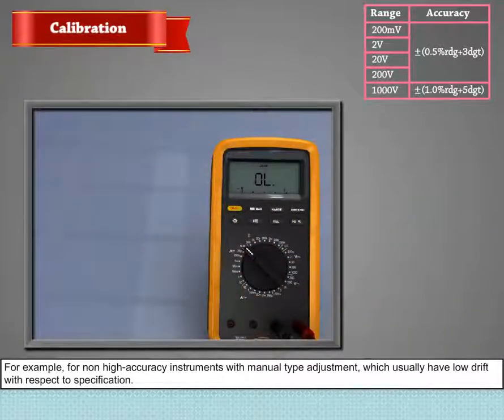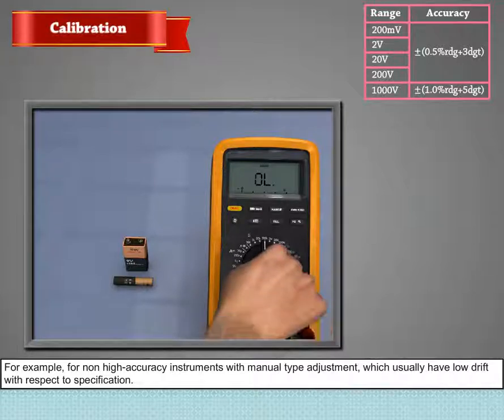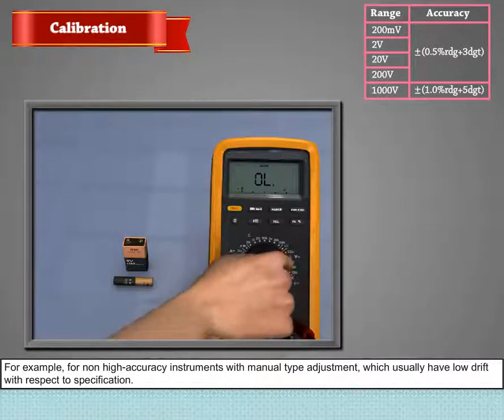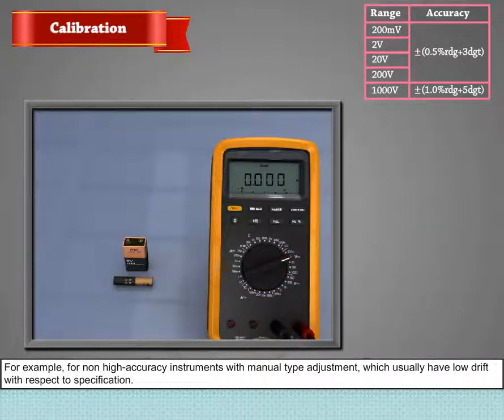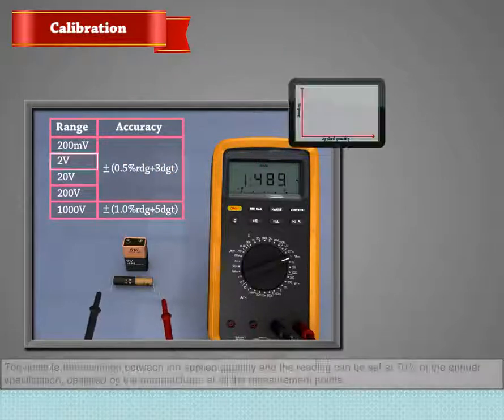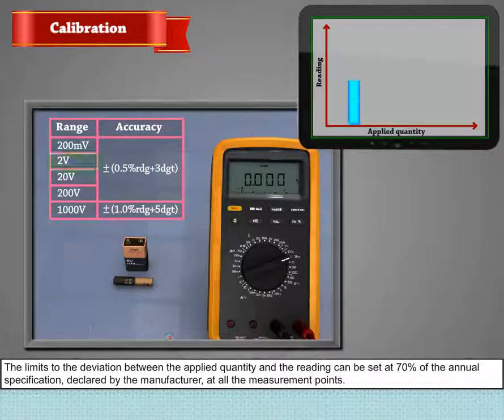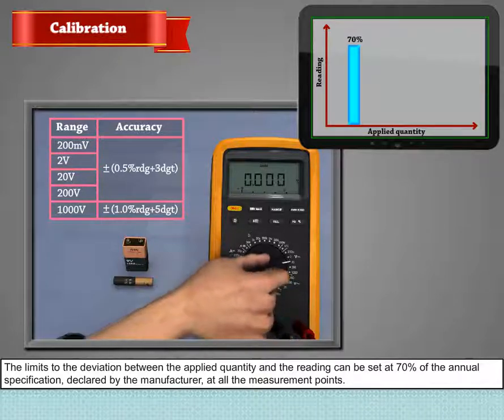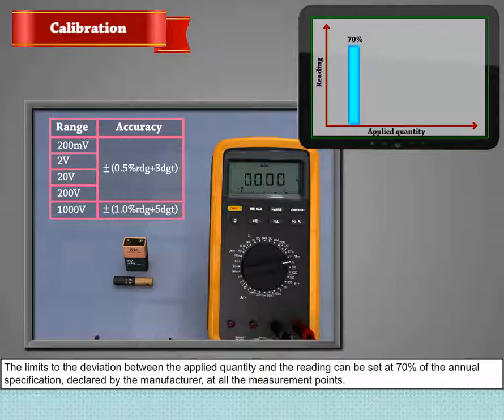For example, for non-high accuracy instruments with manual type adjustment, which usually have low drift with respect to specification, the limits to the deviation between the applied quantity and the reading can be set at 70% of the annual specification declared by the manufacturer at all the measurement points.